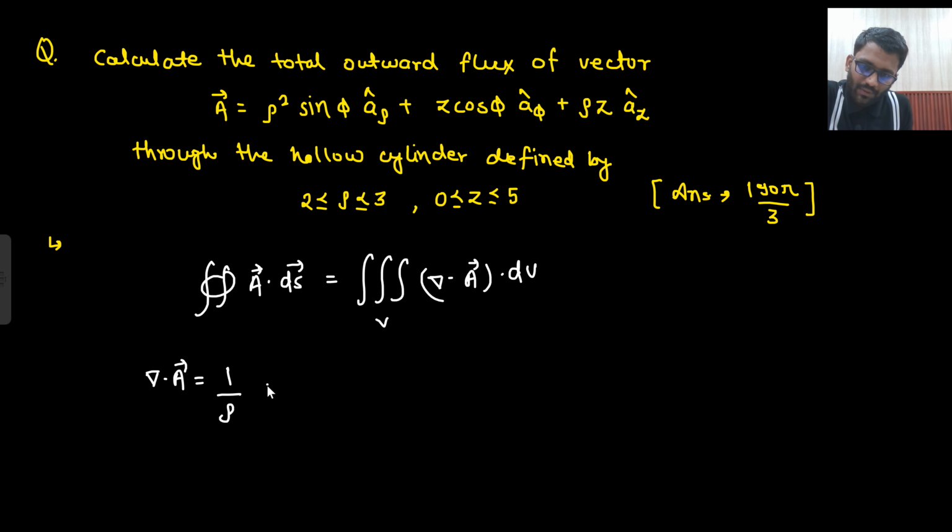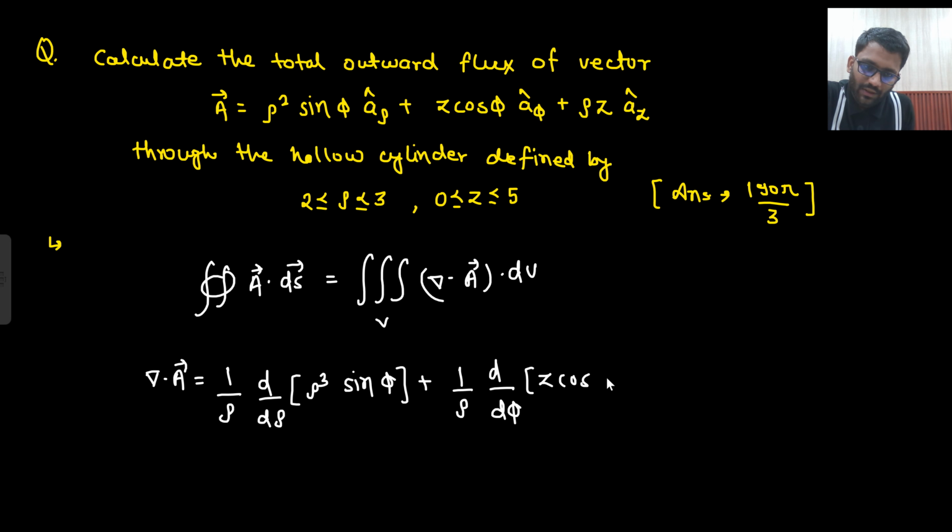So 1 by rho d by d rho, rho will come, so this will be rho cube sin phi, plus 1 by rho d by d phi of z cos phi, plus d by dz of rho z.